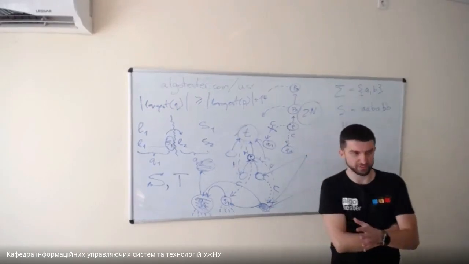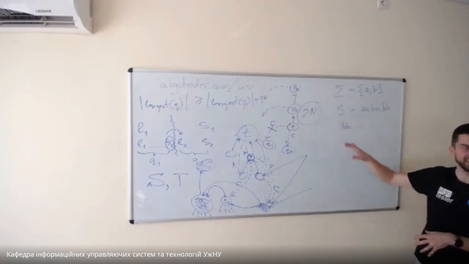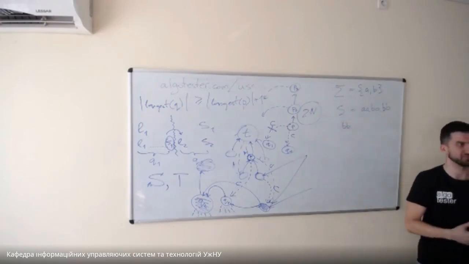So again, note that every substring of S is the path in suffix automaton which starts from the root.